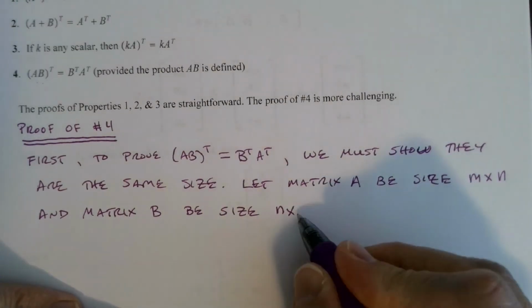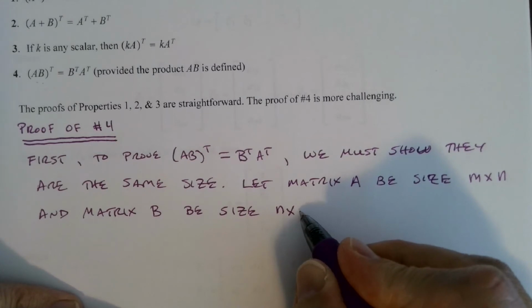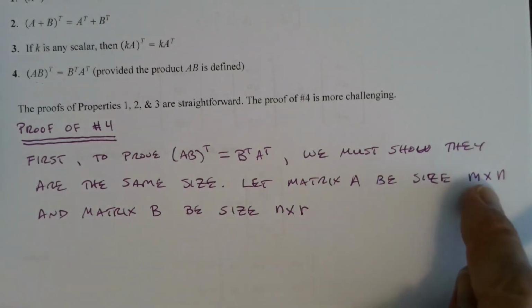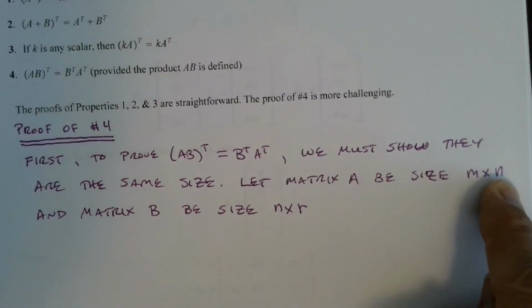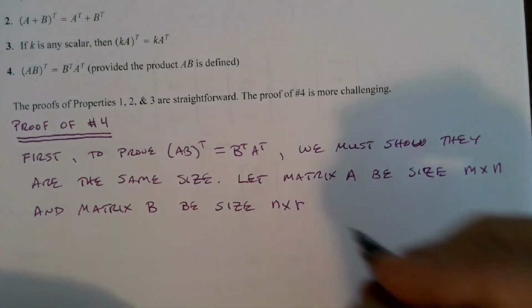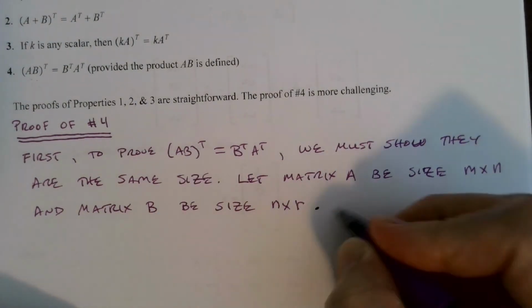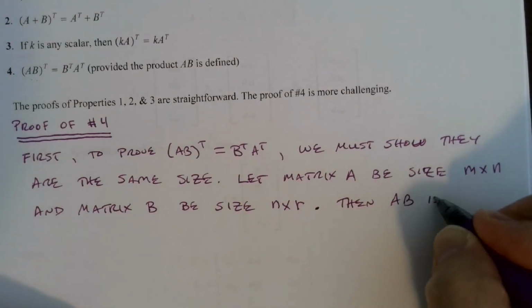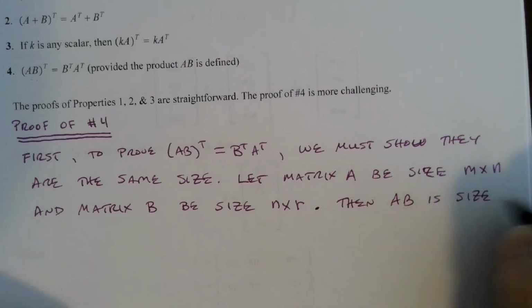Does this have to be an M here? No, it doesn't have to be an M. It can be anything. So I'm going to call it R. So the number of columns of A and the number of rows of B has to be the same in order for AB to be defined.